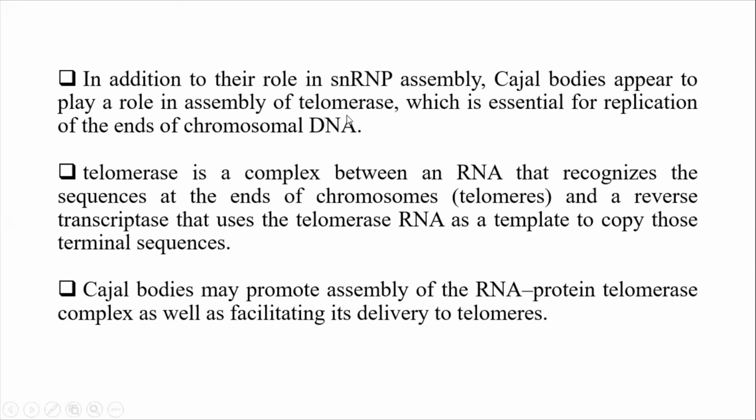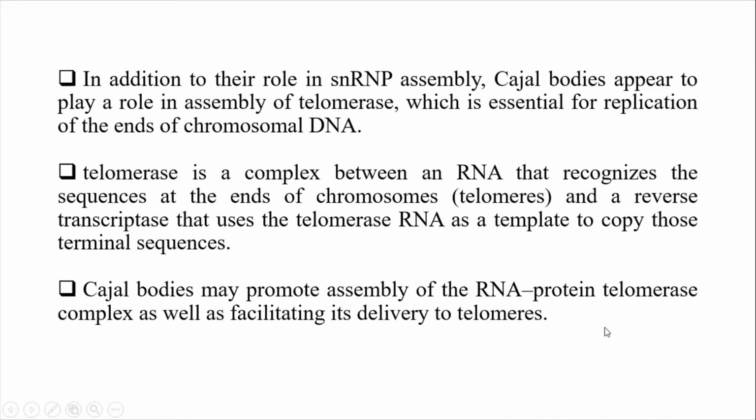So in addition to their role in snRNP assembly, they appear to play a very important role in telomerase. If you remember, wherever you have the end replication problem, the telomerase enzyme comes and uses its RNA as template in order to increase the length. So the Cajal bodies promote the assembly of the RNA-protein telomerase, so that they can help in the lengthening of the telomeres.